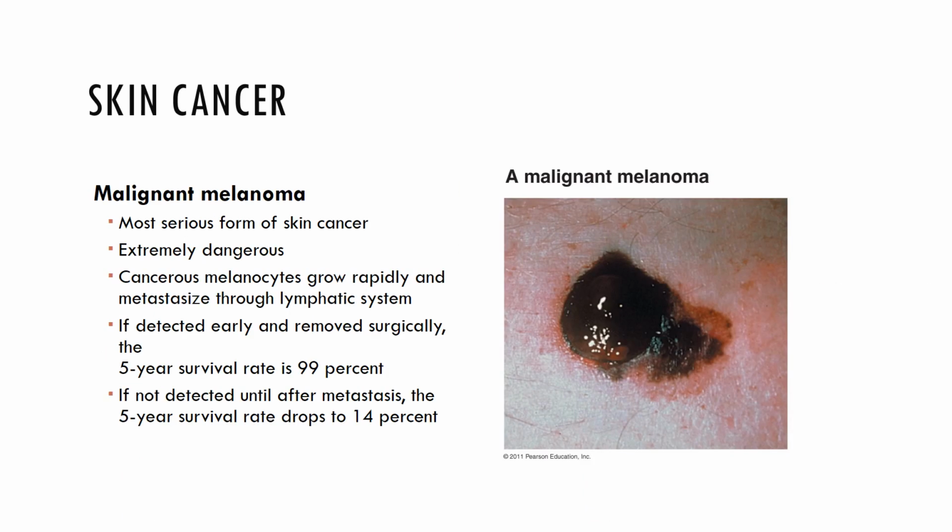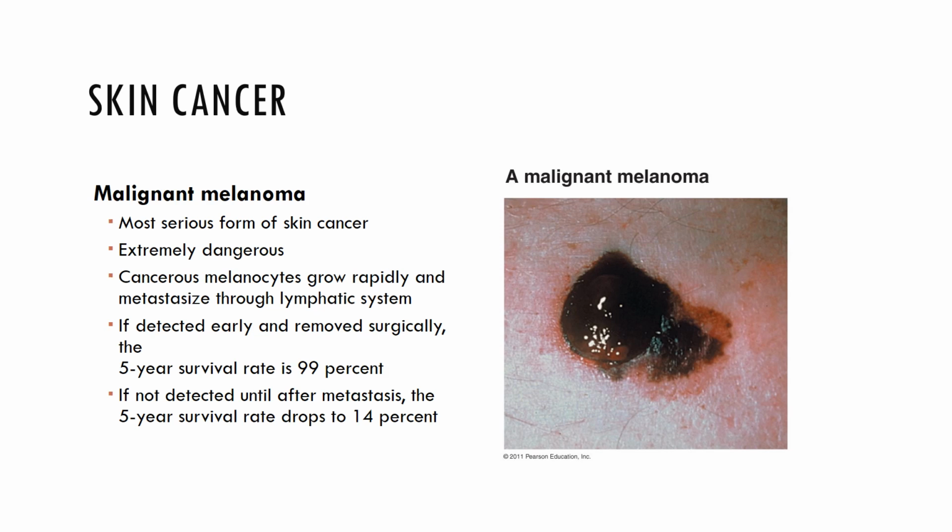Melanoma is the most deadly or serious form of skin cancer, and it involves the melanocytes. It is very highly metastatic and resistant to chemotherapy. It has a high fatality rate due to its fast metastasis and resistance to chemotherapy.